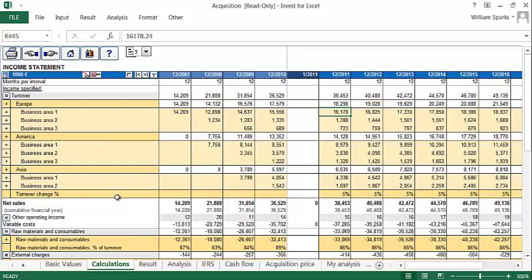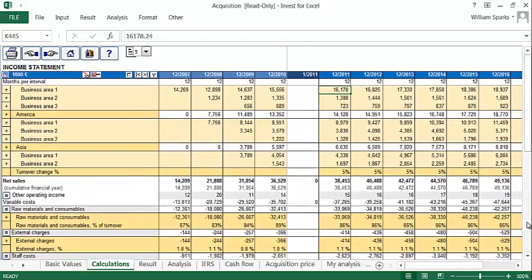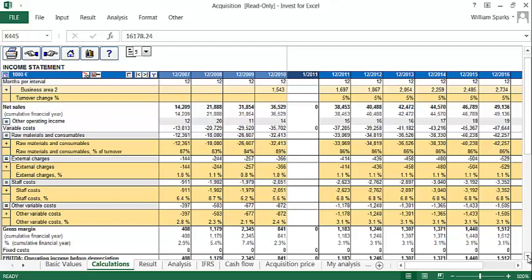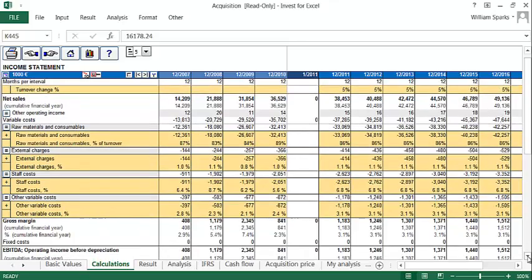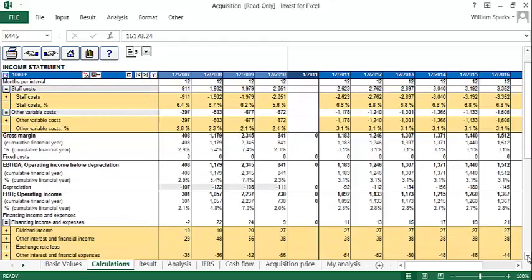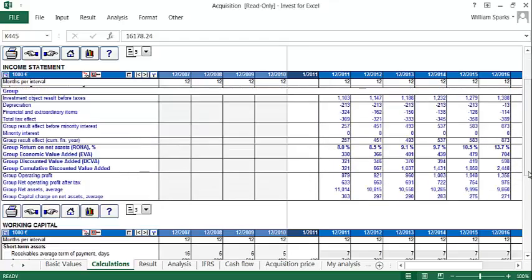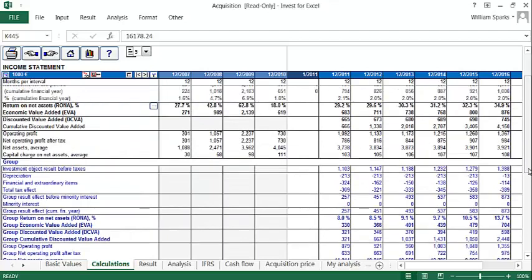So in practice you enter those numbers here. And then further down you have some other operating income, and then you have some costs for raw materials and external charges and stuff. Those are from the annual statements, and the numbers are entered.